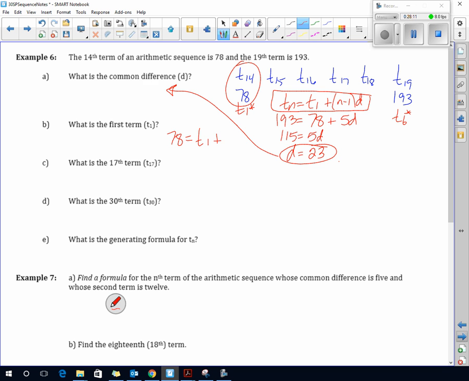So 13 times 23 is what? 299? Yeah? So 78 equals term 1 plus 299. If I subtract, what's term 1 going to be? Negative 221? That's what we have to find for B.